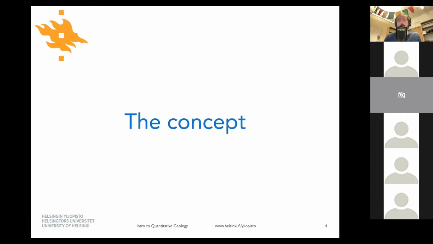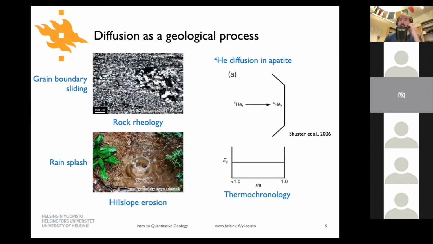Let's start with the concept, and maybe a good place to start is, why do we even care about diffusion as a geological process? Here are a couple of examples of a diffusion type of process. There are things related to the rheology of rocks and how the crystals deform at the atomic scale.